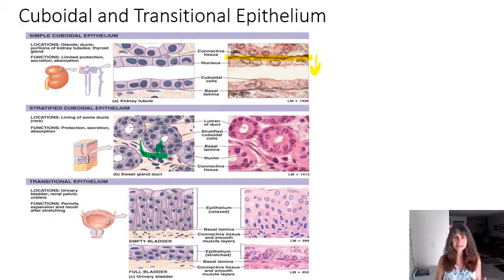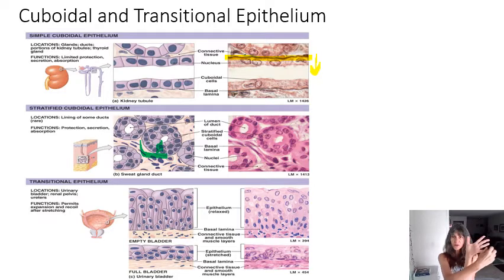And that takes us to transitional epithelium. Now, the word transition means to change, undergo a change. Transitional epithelium is very commonly found in the urinary bladder, because if you imagine the urinary bladder filling up with urine, it's going to stretch and expand as it fills with urine. And we see transitional epithelium not only in the urinary bladder, but also an area of the urinary system called the renal pelvis.